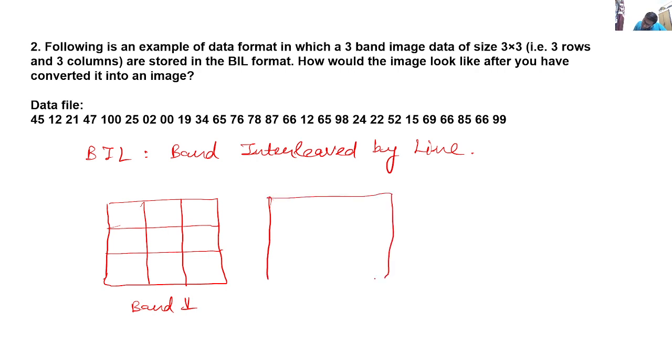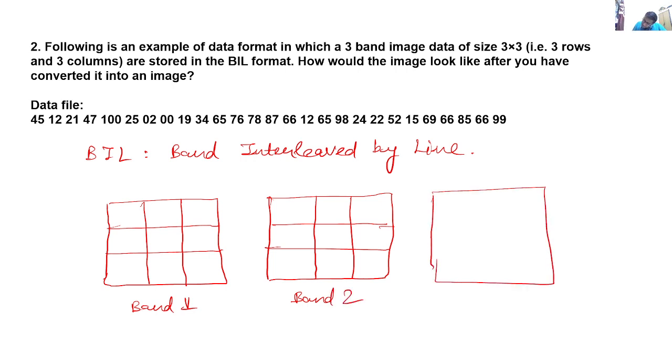This is the second band, band 2, and this would be the third band, again of 3 by 3 size. So in each band you can store 9 different pixel values.